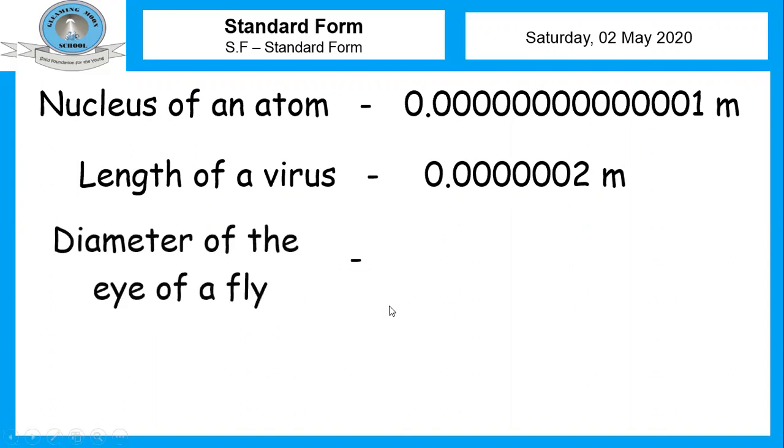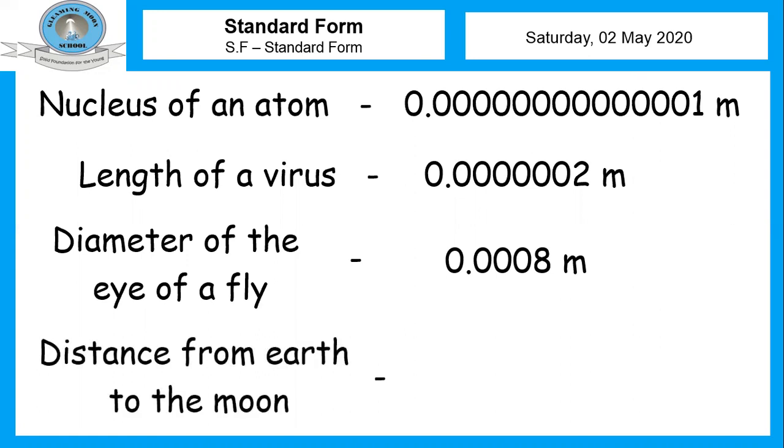Okay, let's have a look at this one. The diameter of the eye of a fly. Imagine the fly. The diameter of its eye is said to be 0.0008 meters. And finally, the distance from Earth to the moon is 400,000,000.